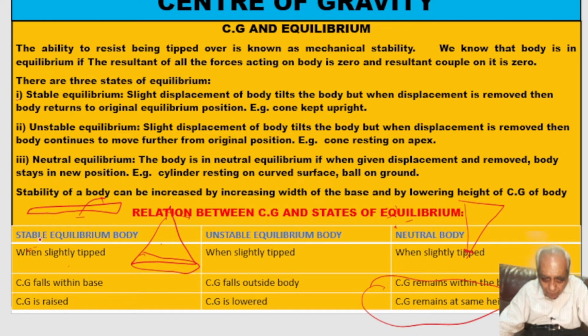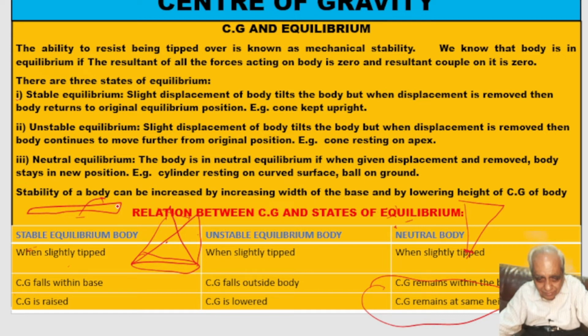Stable equilibrium: when I am giving a slight tilt, the center of gravity will remain within the base and the center of gravity is raised. So if I am giving this body a slight tilt, its center of gravity will remain within this base and its height will increase.